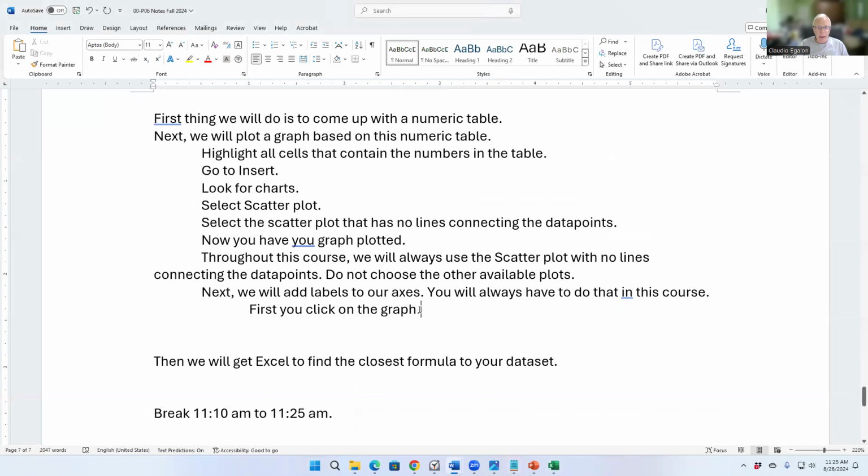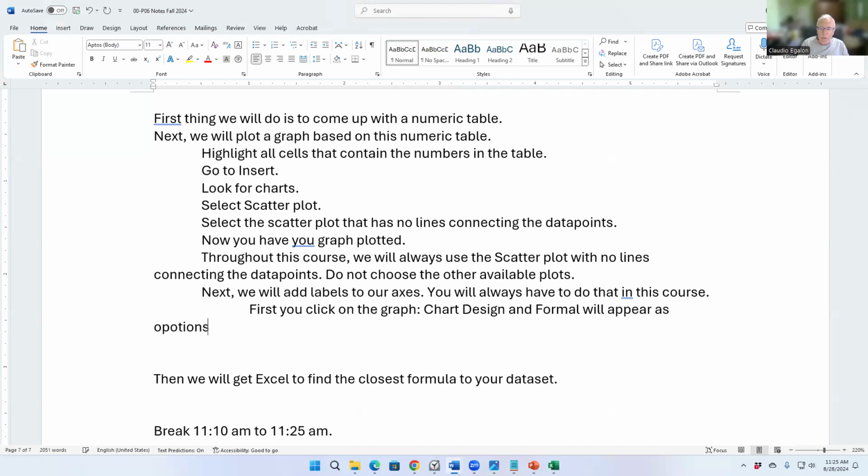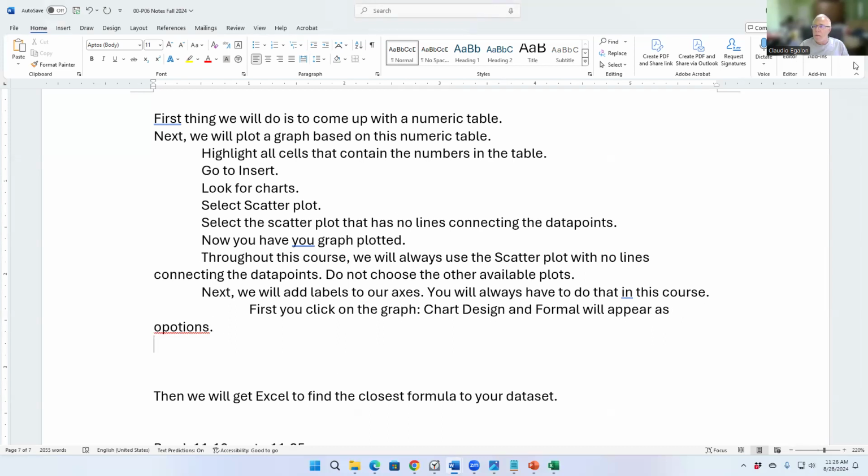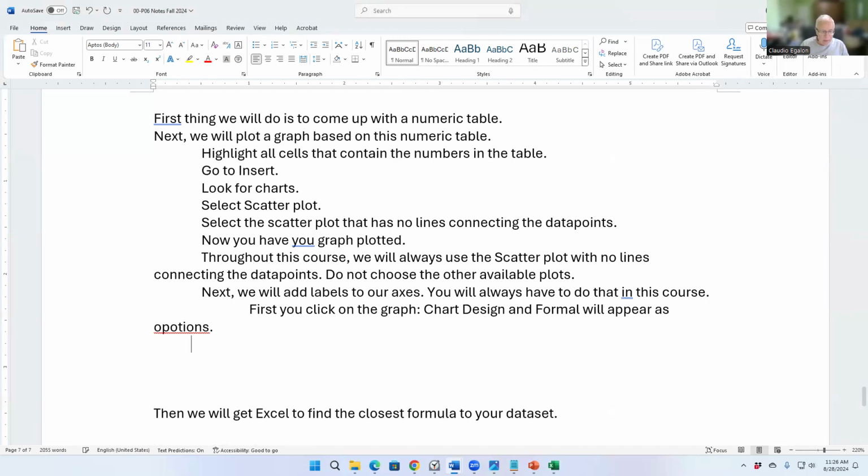First you click on the graph, and chart design and format will appear as options. Click on chart design.